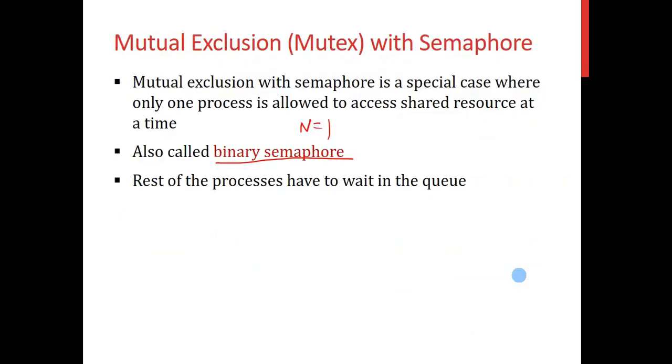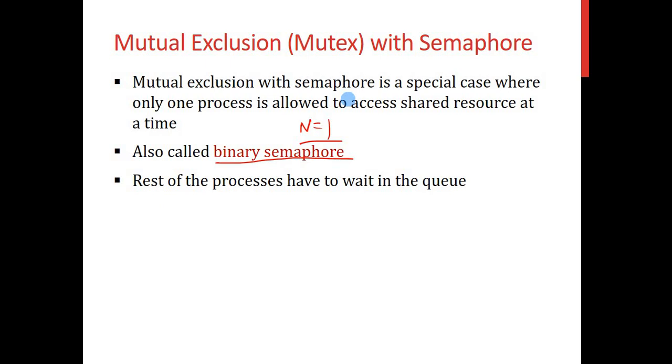And you can also achieve a similar application with a Mutex as well as a Semaphore. Basically, if I initialize my Semaphore with a value of 1, then it is known as a binary Semaphore, and in this situation it behaves the same as a Mutex.